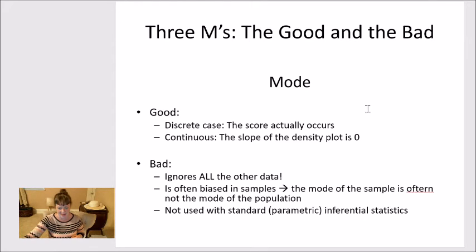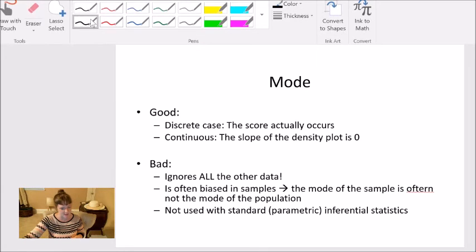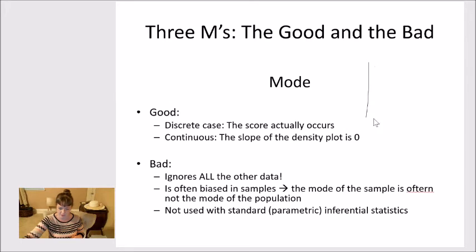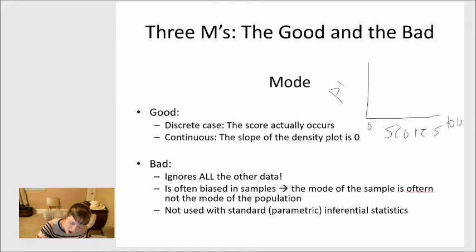In the continuous case, if you have a density plot where the scores are down here, from small to big, let's say it's from 1 to 100, right? And you have how probabilistic they are up here, right?